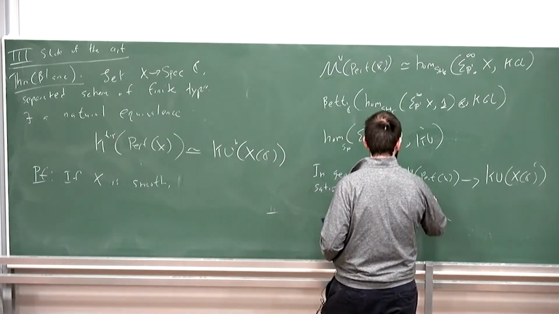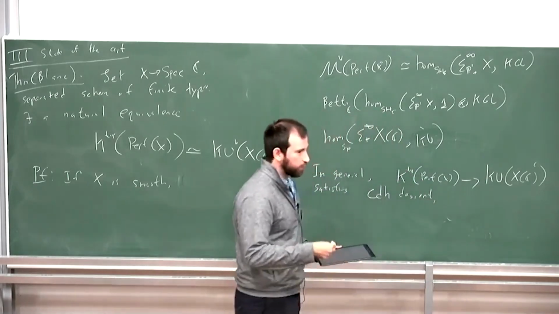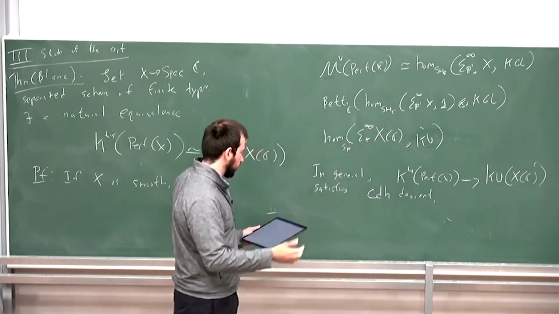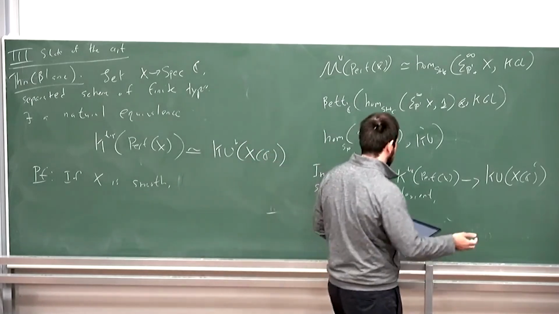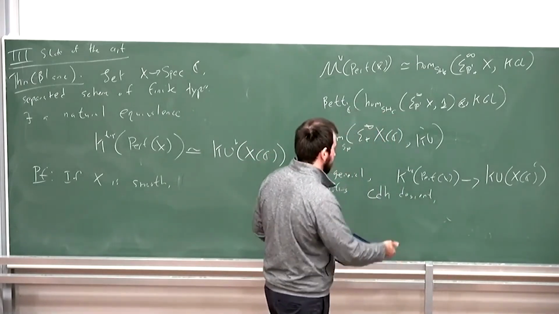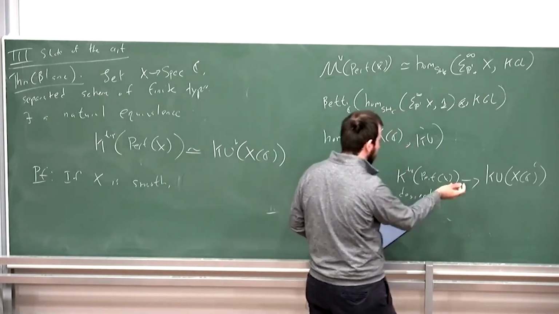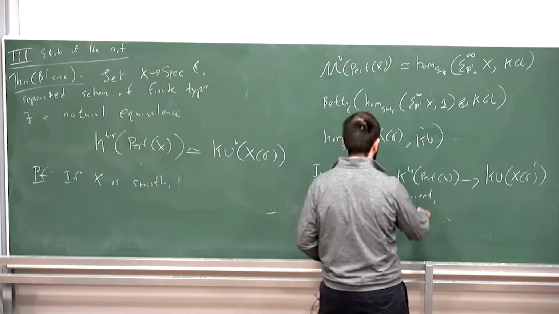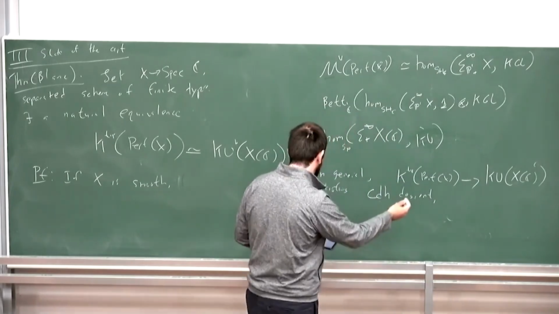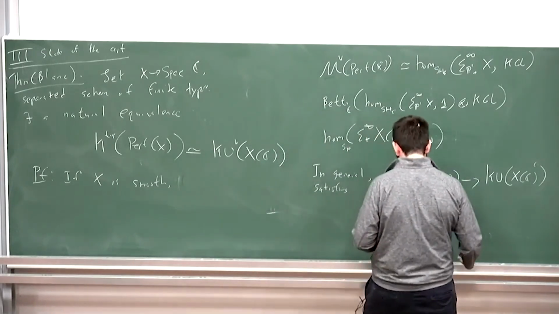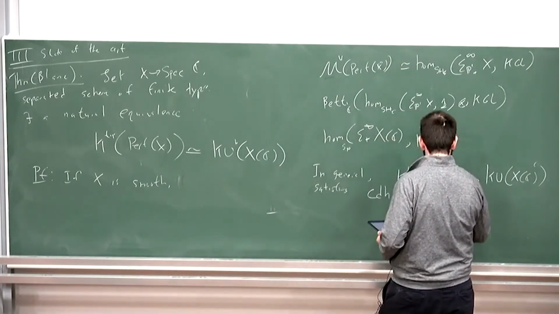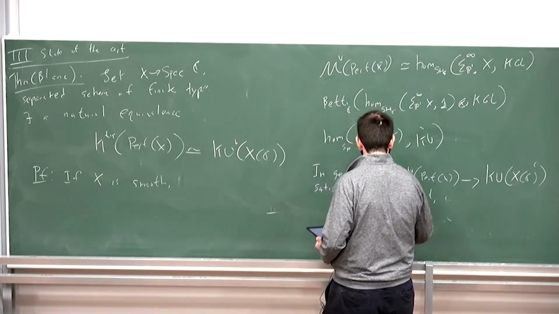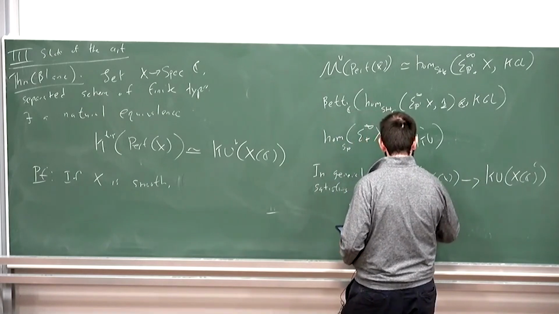So it's a map of CDH sheaves of spectra in the CDH topology. By what I just said, this is locally an equivalence, so it glues together to a global equivalence. So for an arbitrary separated scheme of finite type X, which is not necessarily smooth, you can conclude that this is an equivalence. All right, locally an equivalence by the above.